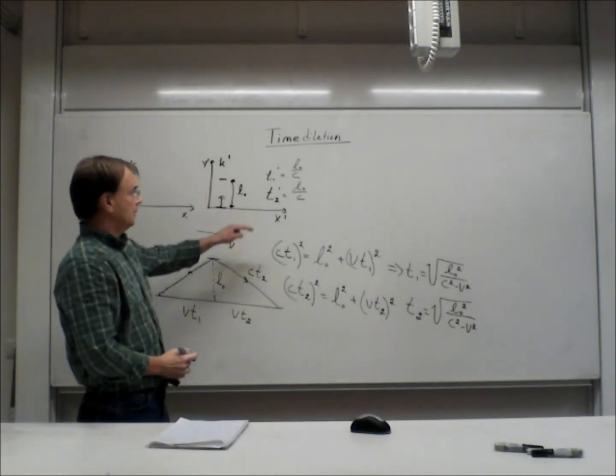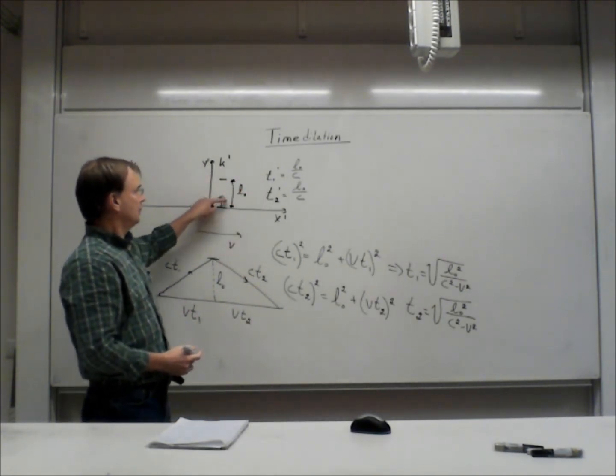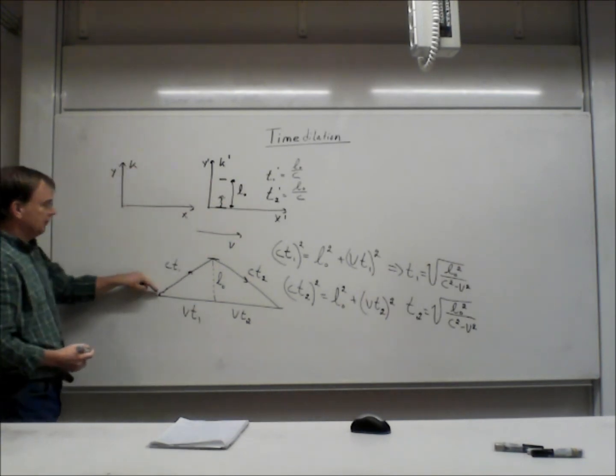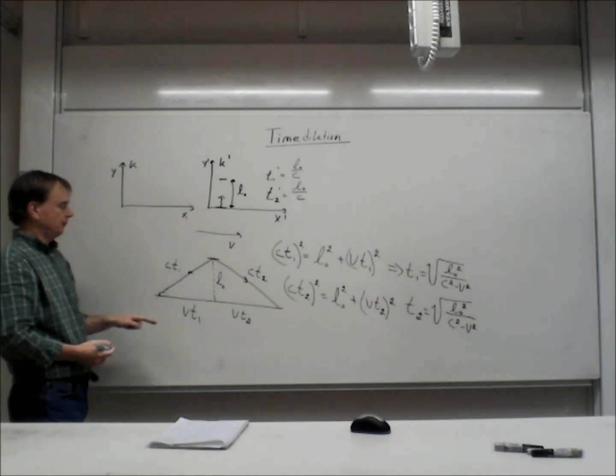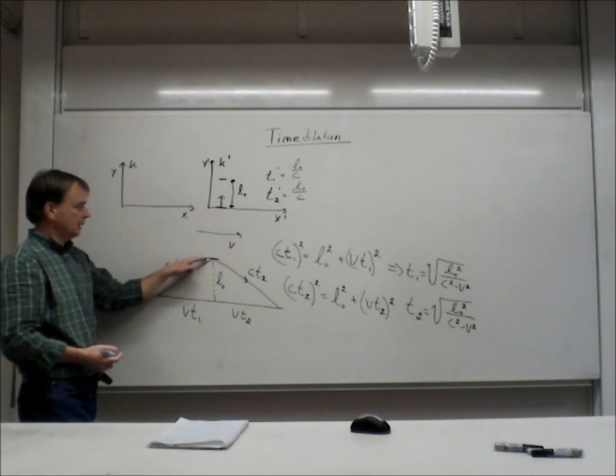And now we can compare this time interval t1 prime plus t2 prime in this system with the time interval in this system where the clock is moving with the velocity of u, t1 plus t2.